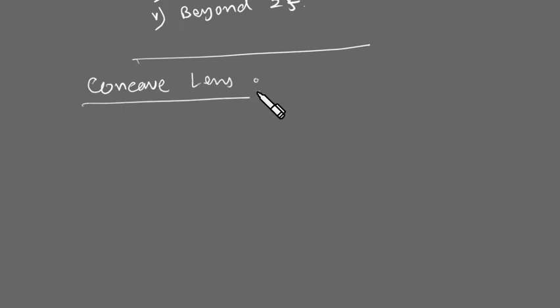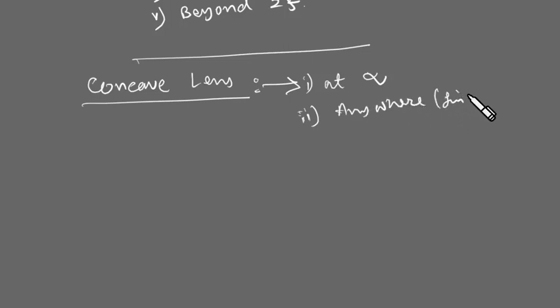Now let's move on to the concave lens. For the concave lens, we will consider only 2 cases where the object will be at 2 different places. The first case will be at infinite distance, and the second case will be where the object is at any finite distance, not infinite.